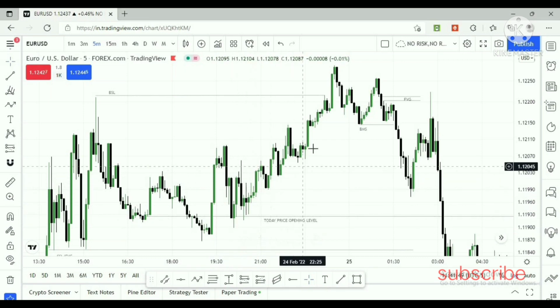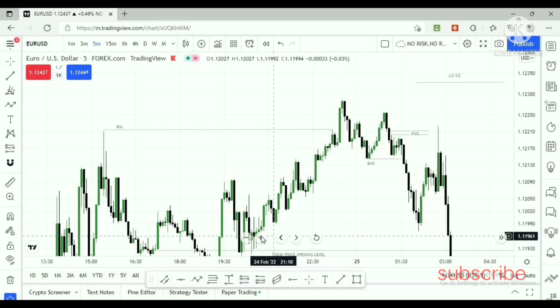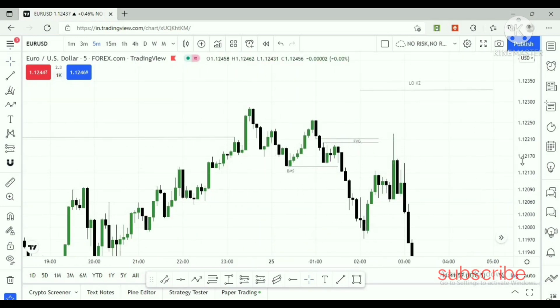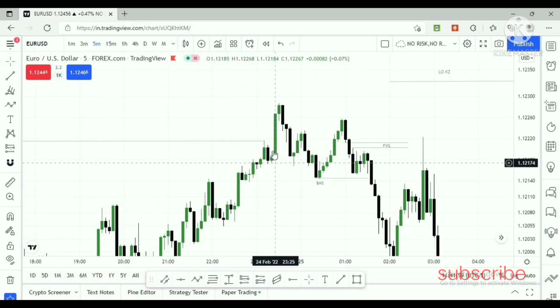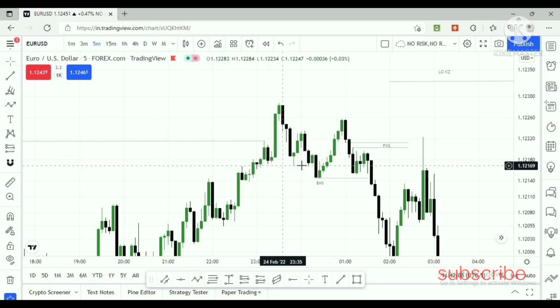As a Model 12 setup, you can see price cleared this buy side liquidity and at the same time the swing low. At the same time, this low is broken.